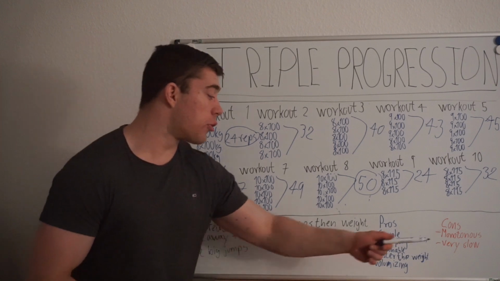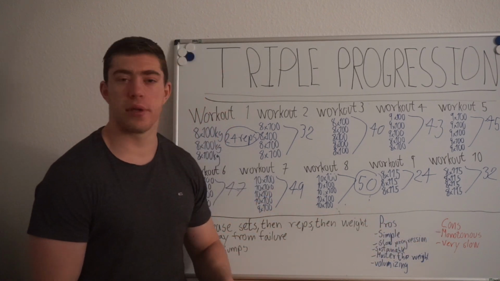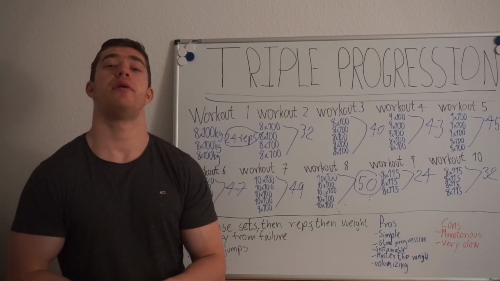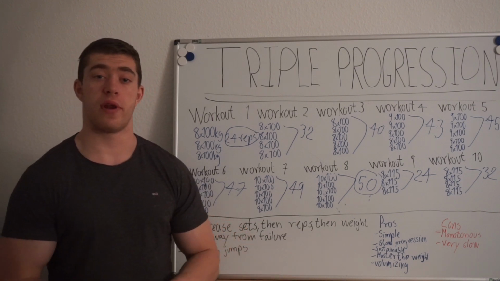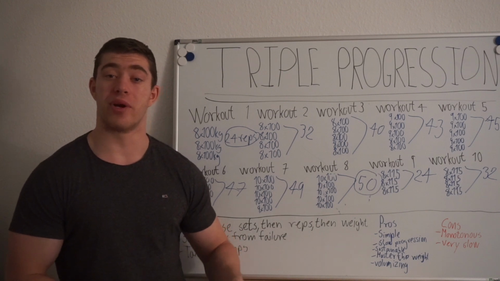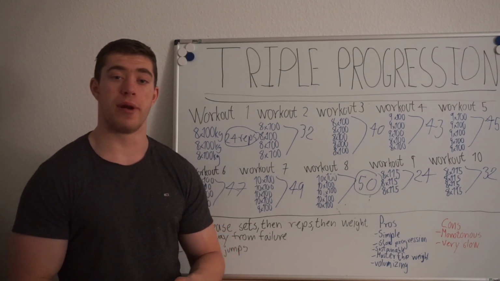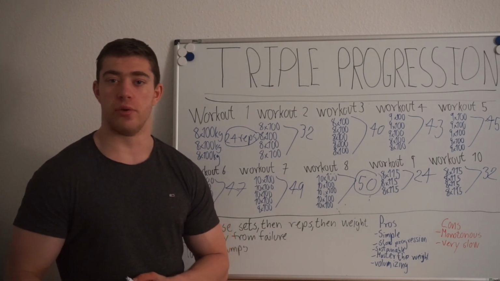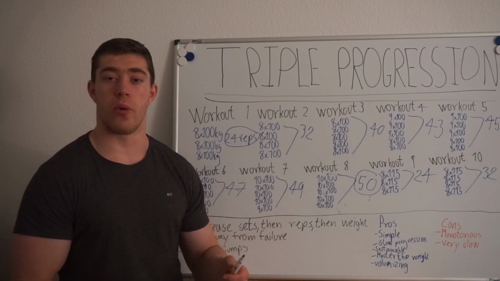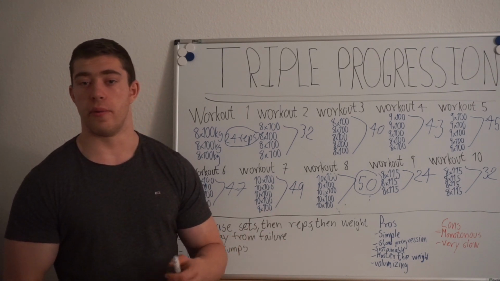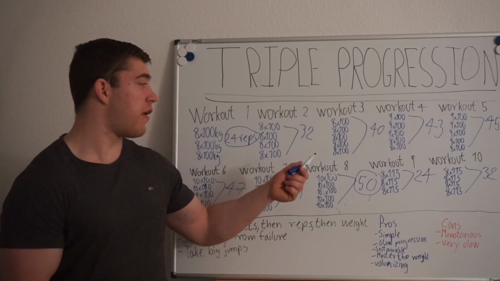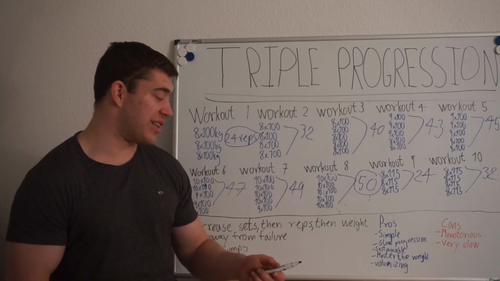And it's also very slow, and this in itself is not a con, but for some people that moves them away from using this exact progression. Though I know people like Mark Bell, who is a big figure in the fitness community, he's a big fan of triple progression.